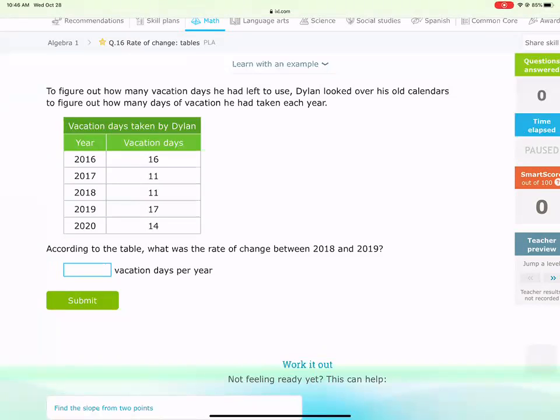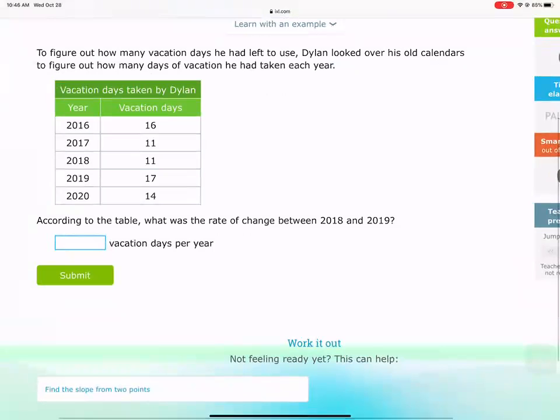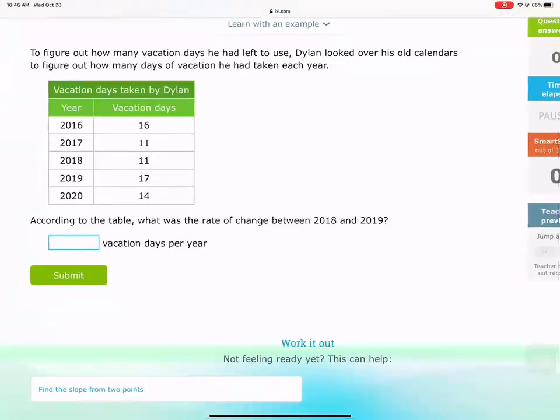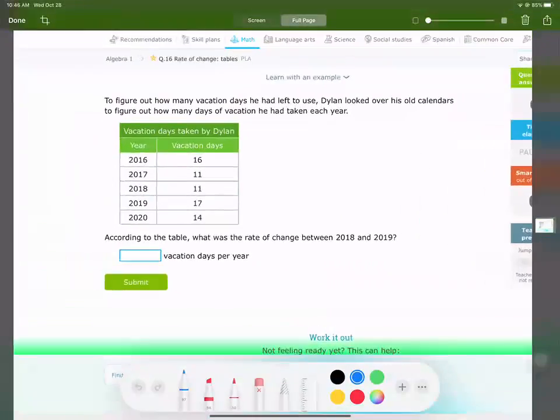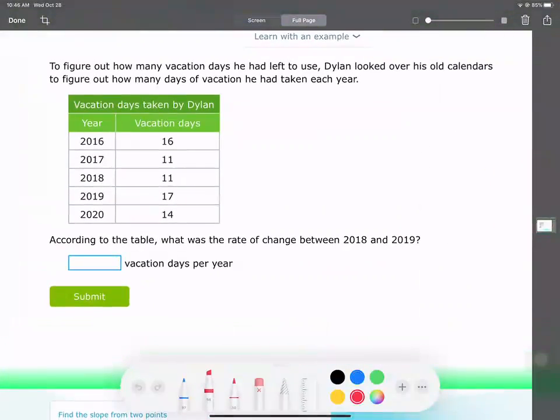Okay, so Dylan created a table here to figure out how many vacation days overall. According to the table, what was the rate of change between 2018 and 2019? He wasn't asking for the full chart. He only wants 2018 and 2019. So this is the rate that we're going to look at.